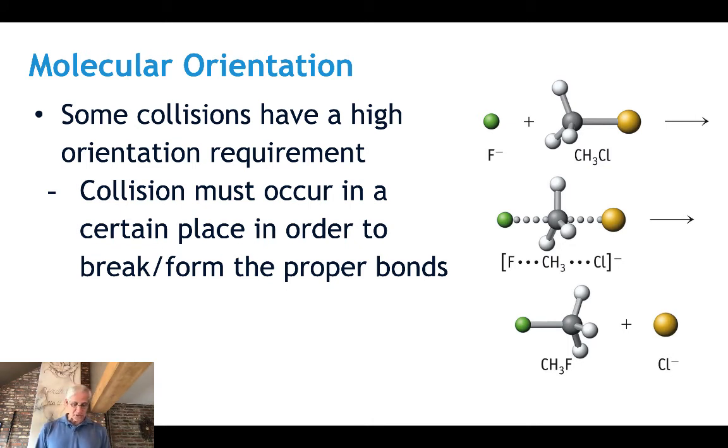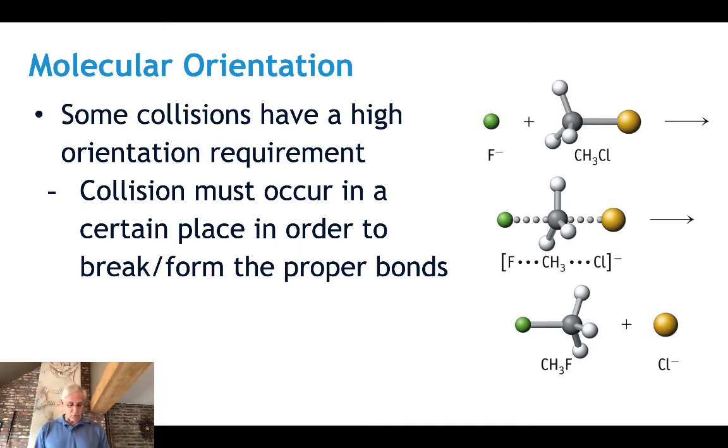Now, in this reaction here, we've got a fluoride ion. It must collide with this carbon atom here in order to break this carbon-chlorine bond and form a new bond between the carbon and the fluorine and kick this chloride ion off of that molecule.